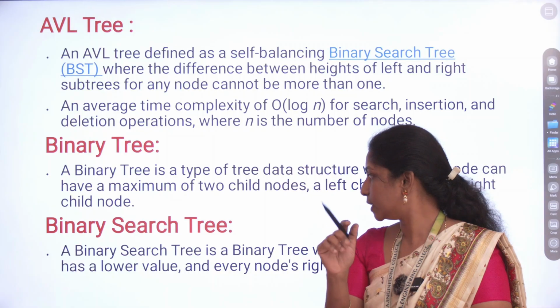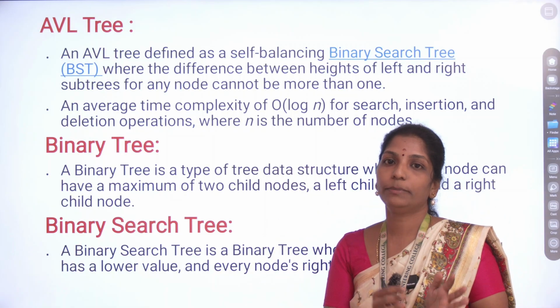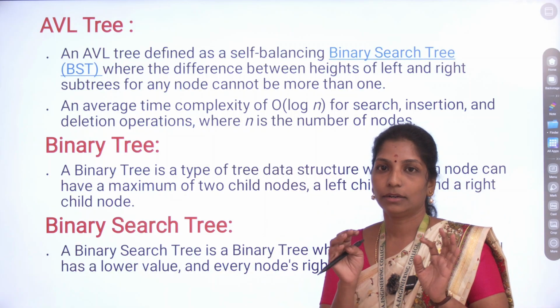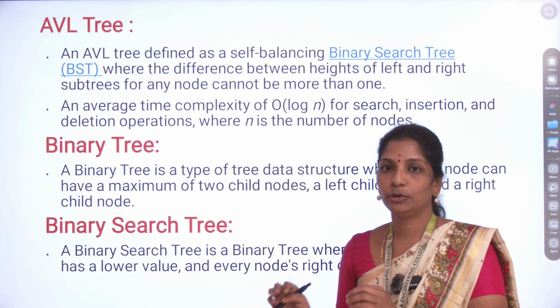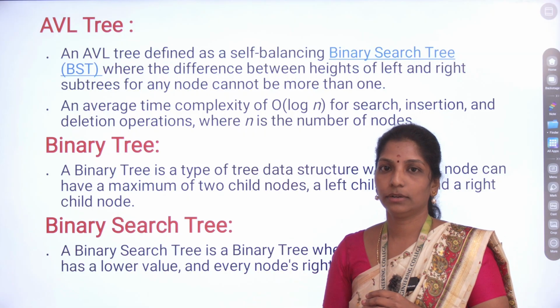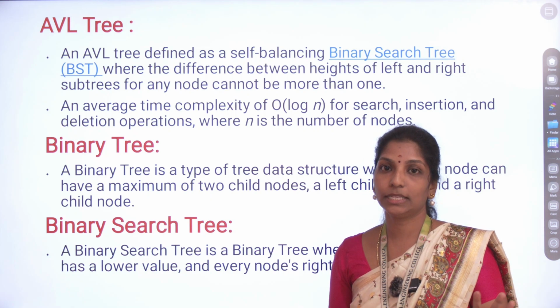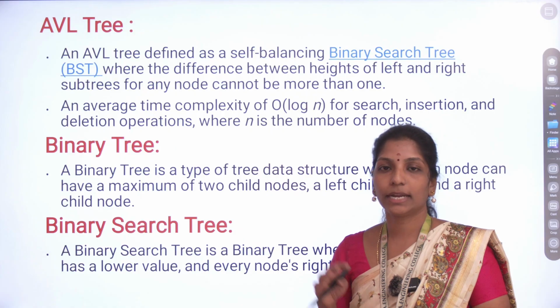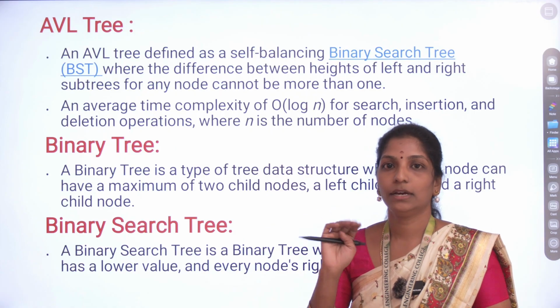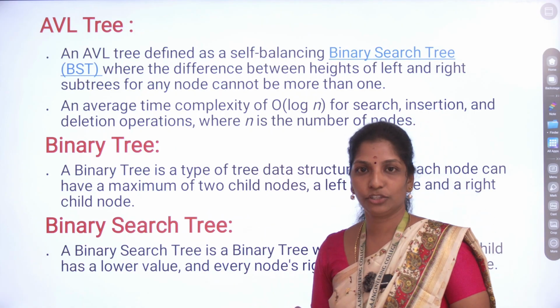The left side of the root node should be lesser than the root, whereas the right side of the node should be greater than the root. I'll repeat one more time: the left side of the node should be lesser than the root node, and the same way the right side of the node should be greater than the root node. This is called a binary search tree.